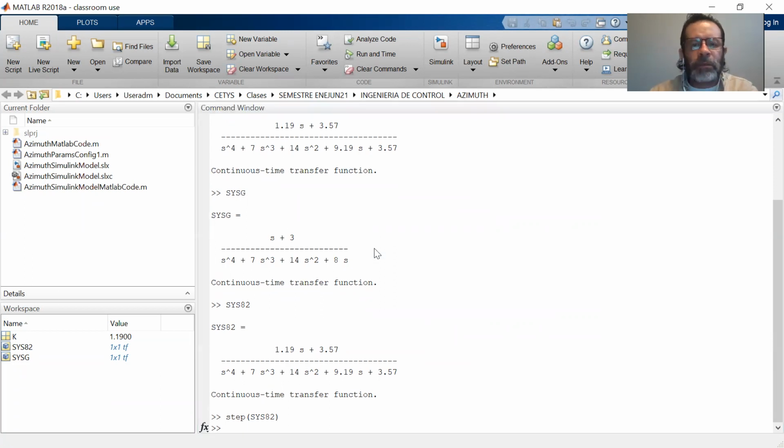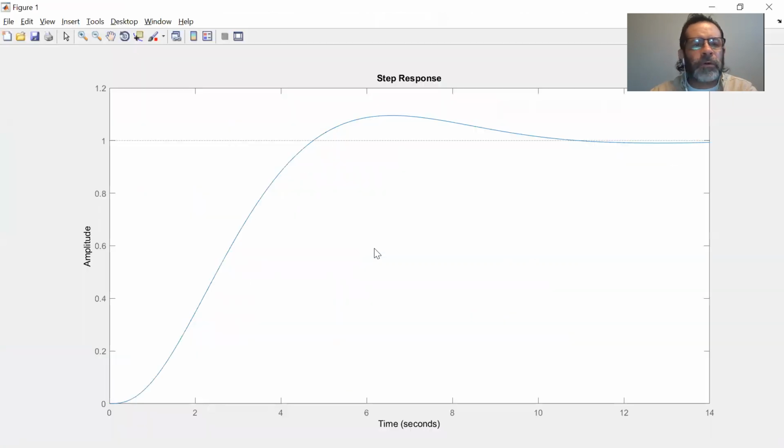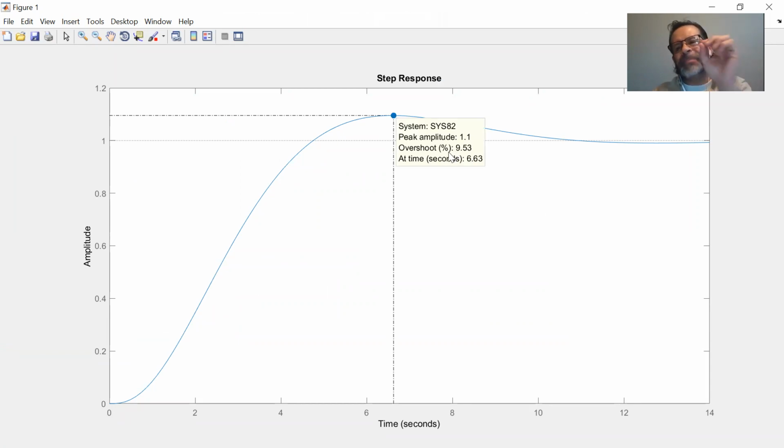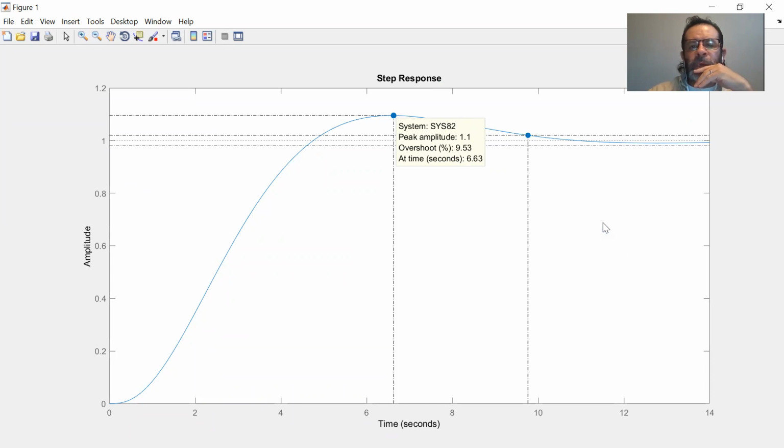It's going to overwrite the other graph. So the overshoot is 9.53. It's less than 10%, which was what I wanted in the end, with a long settling time of about 9.76 seconds.